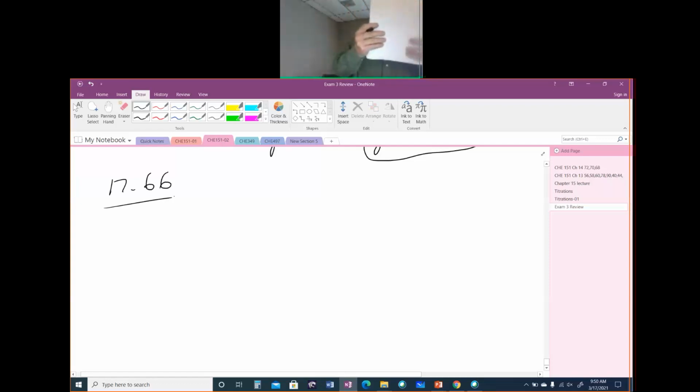All right, predict whether nickel hydroxide will precipitate. Anytime I hear that, I think I have to calculate a Q. Will it precipitate from a solution? That is a bunch of stuff. All right, so we got 0.0020 molar of nickel sulfate.